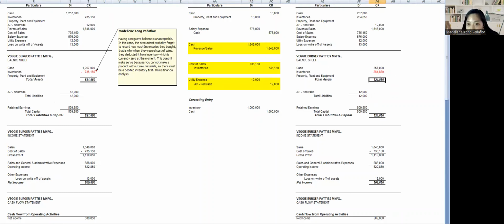So yeah, that's it. So here we can see that making financial statements is actually very interesting, very analytical, and very easy. You just have to take note of all the transactions.